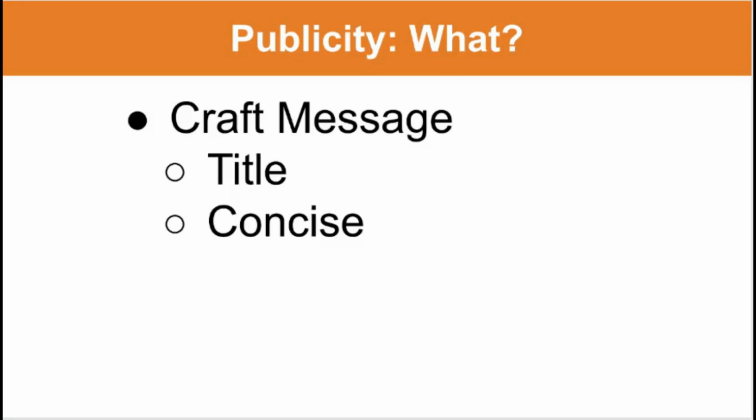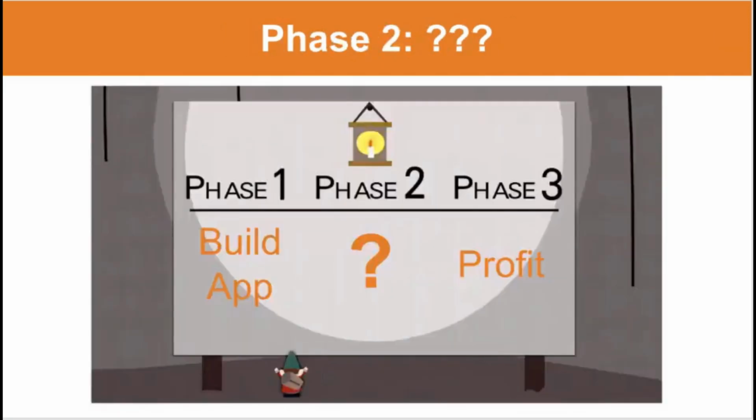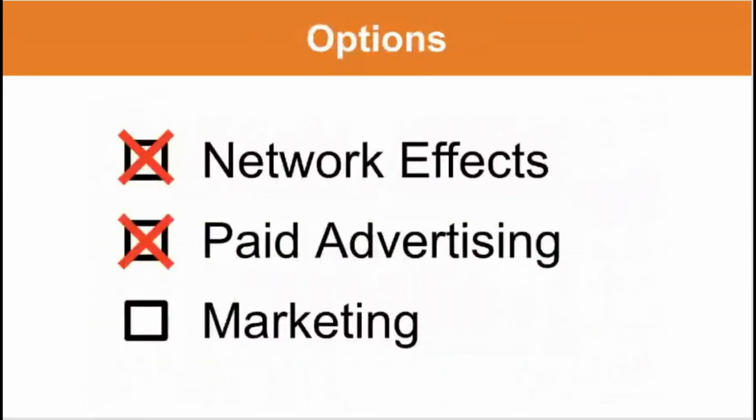Good, okay. So, we've gone through those, and if you remember back, we built our app, we want to make some profit, whatever key performance indicator that might be, or we're trying to figure out how to get there. We looked at network effects and paid advertising, and because we aren't a platform, network effects don't really work for us, and because of just money and how that thing works, paid advertising doesn't really work for us either.